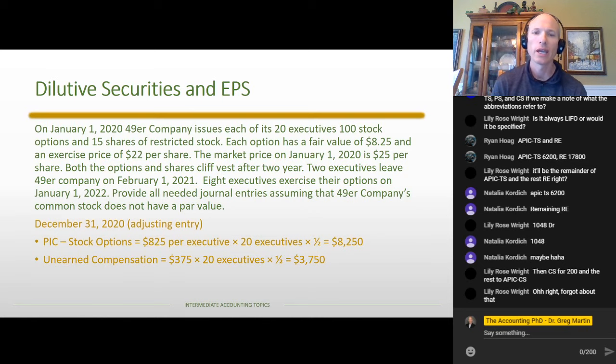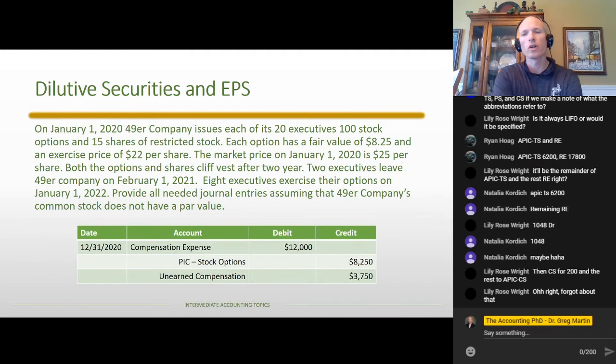And so 825 times 20 times 1/2 is 8,250. We similarly recognize half of the compensation expense for the restricted stock by taking the 375 times 20 and multiplying it by 1/2. And so again, we have the amount of compensation expense for each item that we would record at the end of 2020.